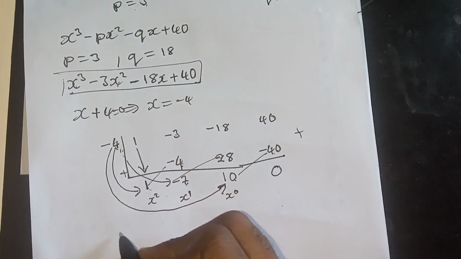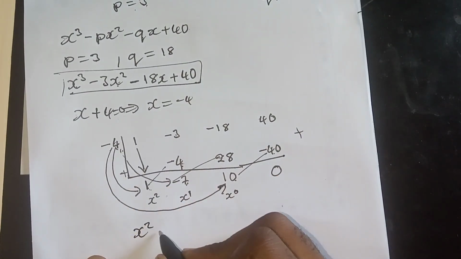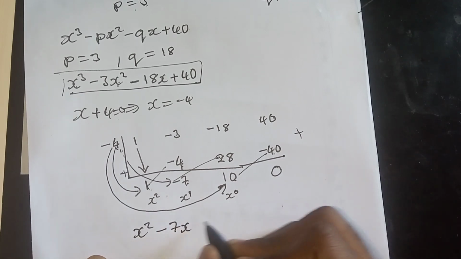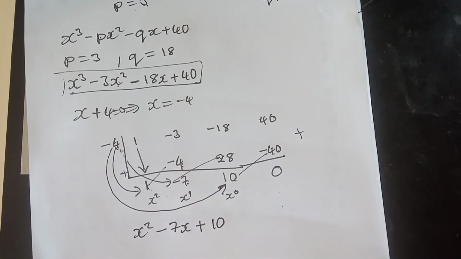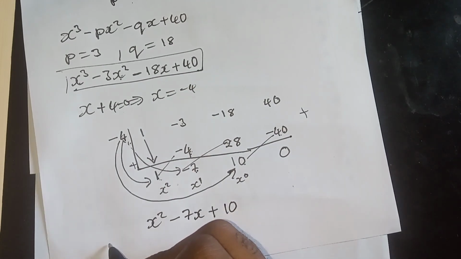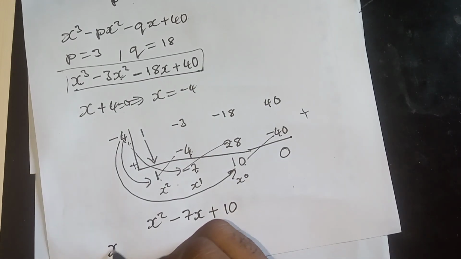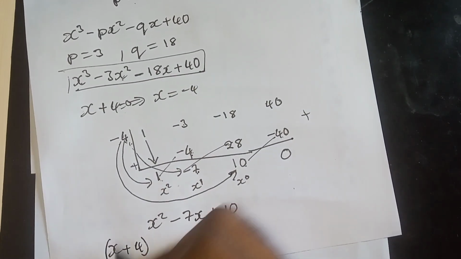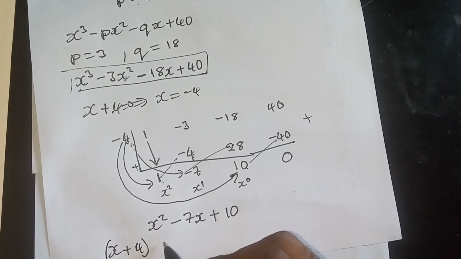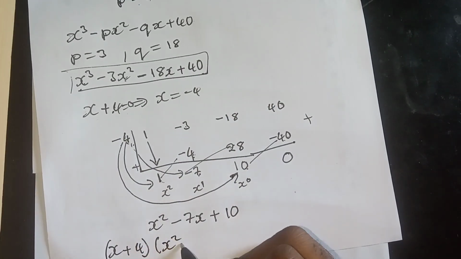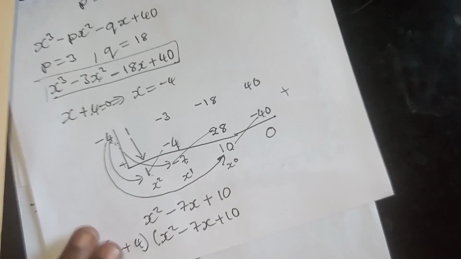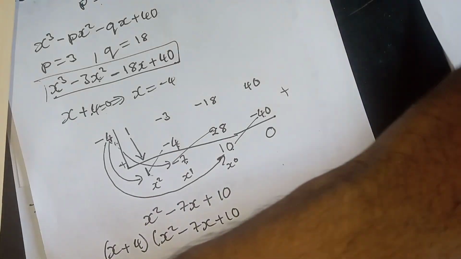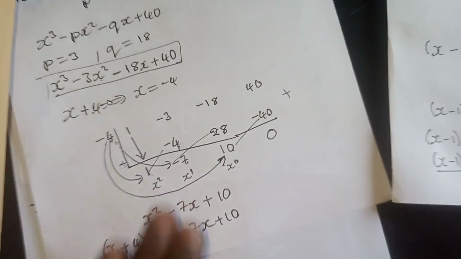So in this case, we have x squared minus 7x plus 10. In other words, we have x plus 4 multiplied by x squared minus 7x plus 10. So let's finish this one up.